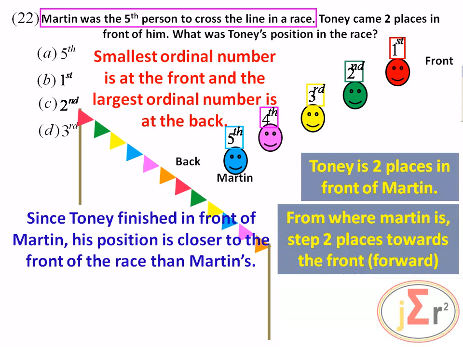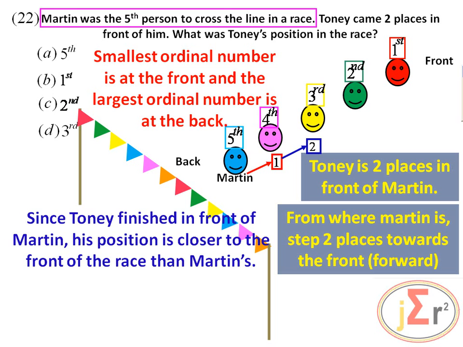From where Martin is, step 2 places towards the front or forward. 1, 2. If we go 2 places from Martin, those 2 places will take us to which one?